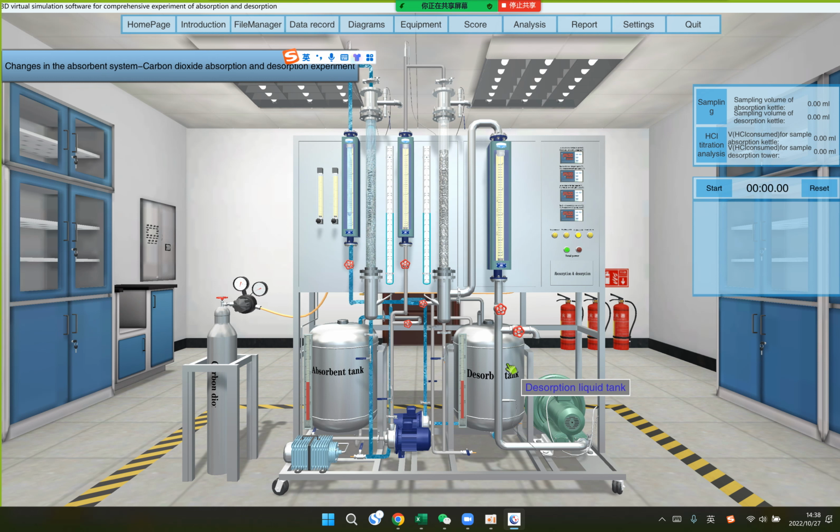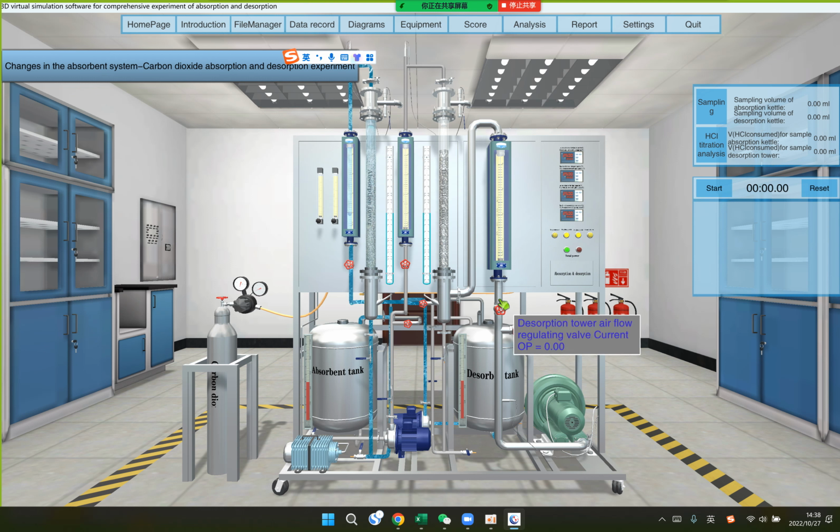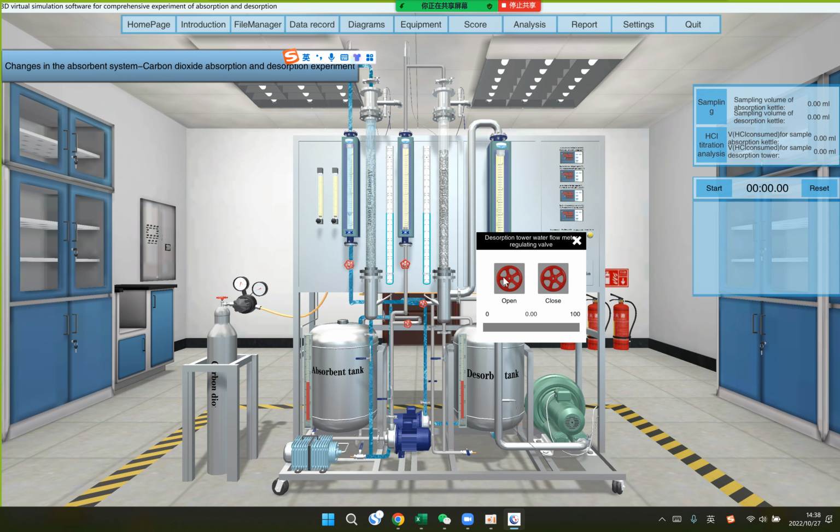Open this one and control this valve. Not this valve. This one. Control this valve to 100 also.